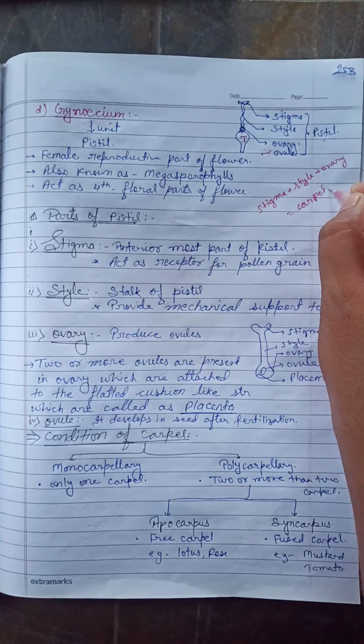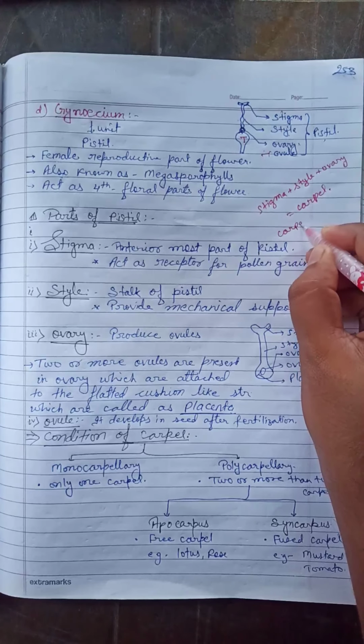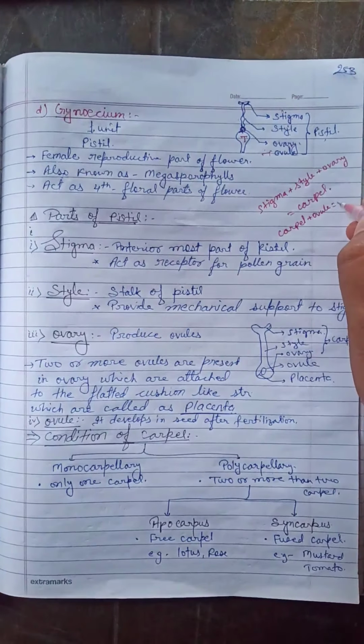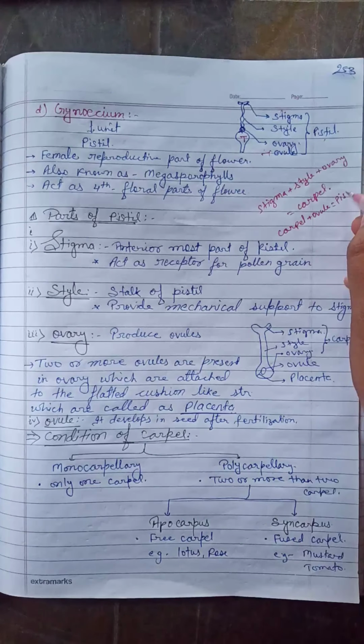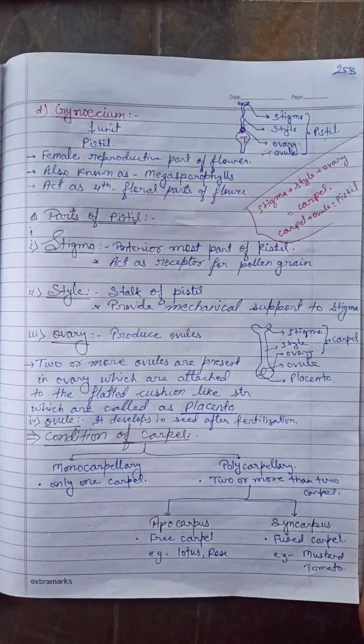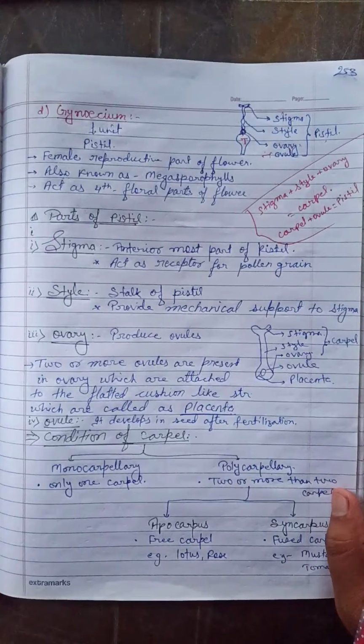Is it clear? Whereas carpel plus ovule is equal to pistil. It is simple mathematics. Is it okay? Now look at the female reproductive part.